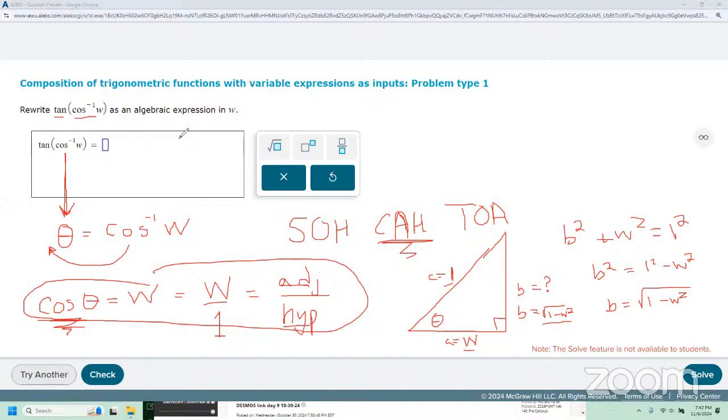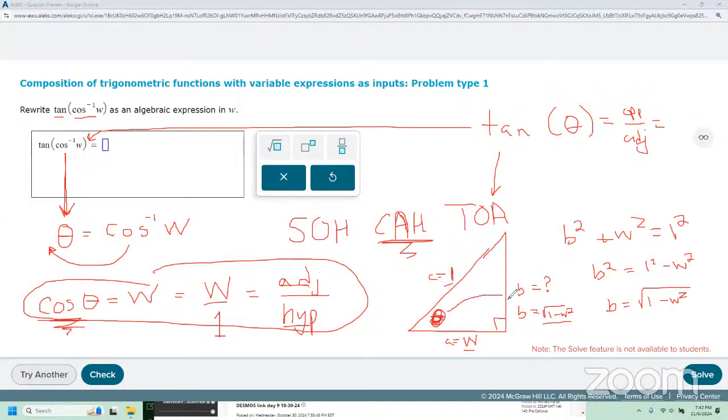Now, go back to the original problem. I put theta into the inside. So this is the tangent of theta. Tangent is what? TOA. So what is the opposite, and what is the adjacent? Which is the opposite of theta? A, B, or C? There's theta. What's opposite of theta?